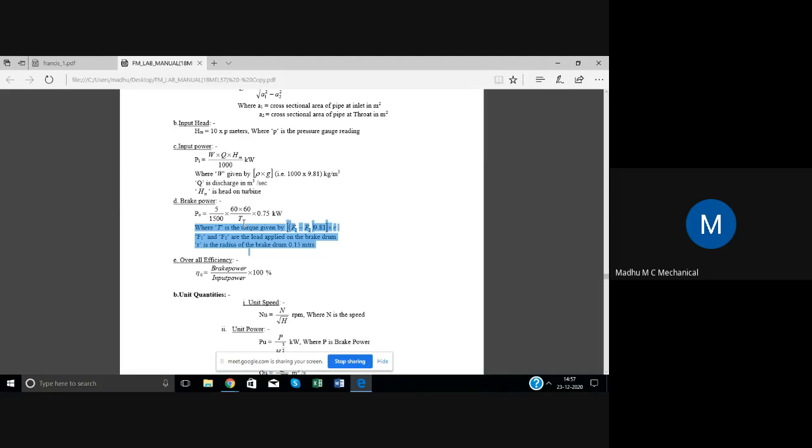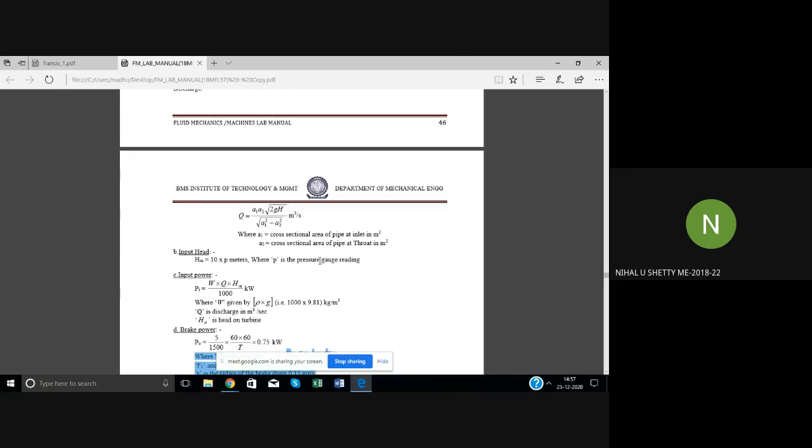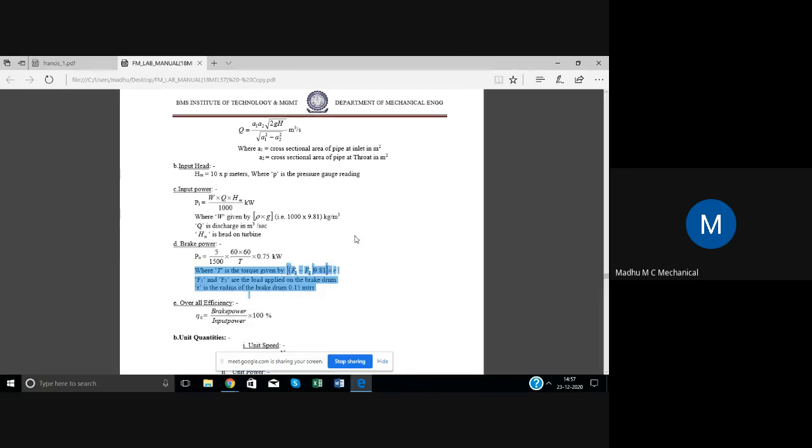Okay. Now you tell me what the efficiency will be. What you told, we did, but the Q value we both did and we got the same. We got 1.9 into 10 power minus 3. Okay, tell me what is the efficiency value? Brake power is coming higher than input power.